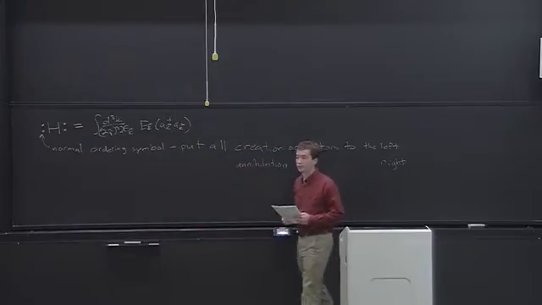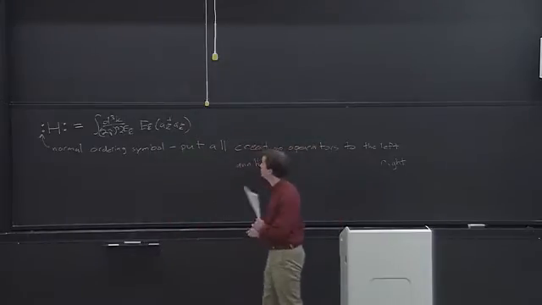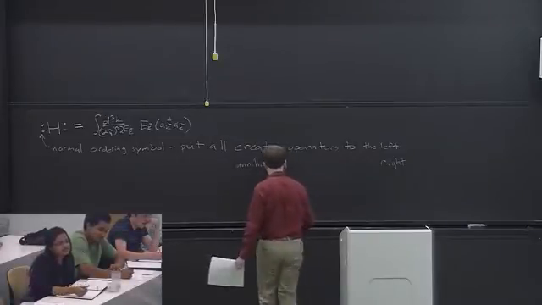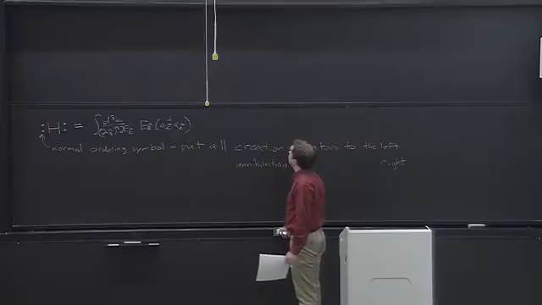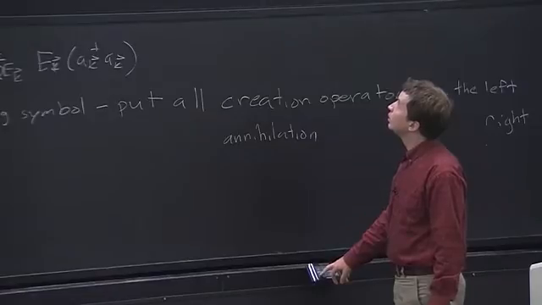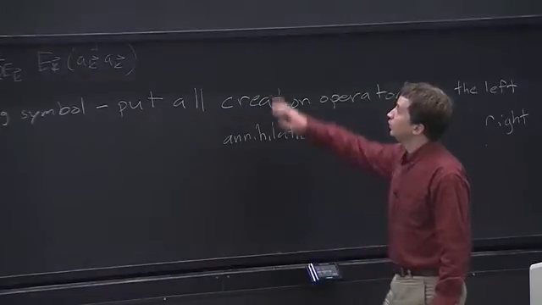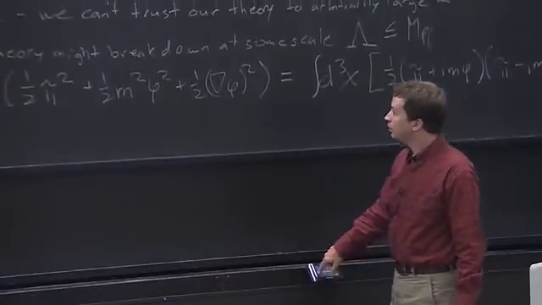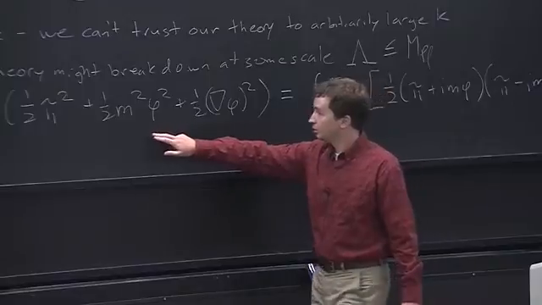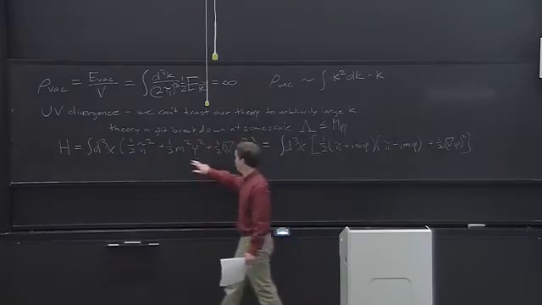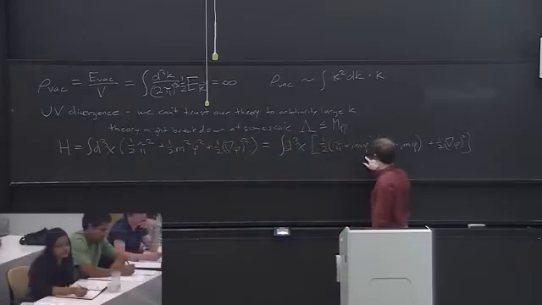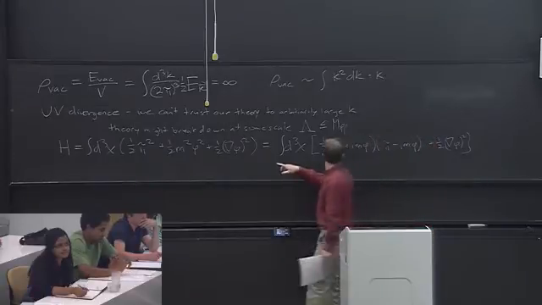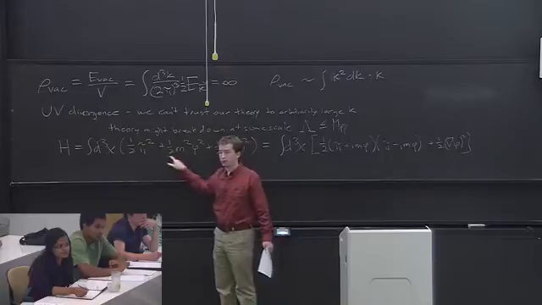Dan, yes? I didn't understand when you talked about the ordering there. Okay. So these two Hamiltonians are classically equivalent. If we just multiply these two together, we get back these two terms.